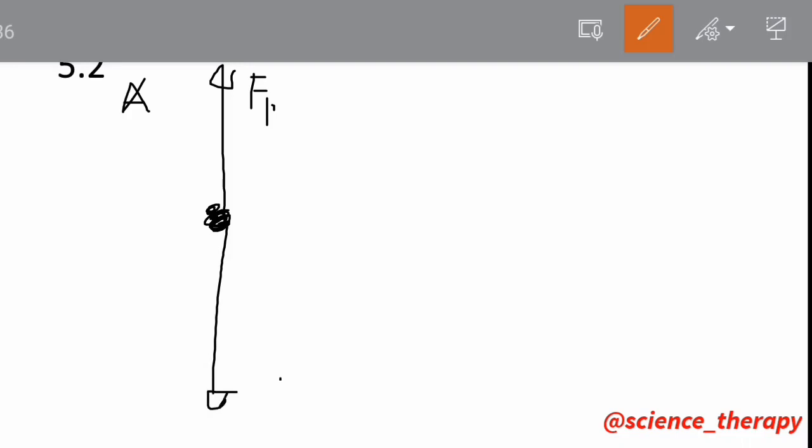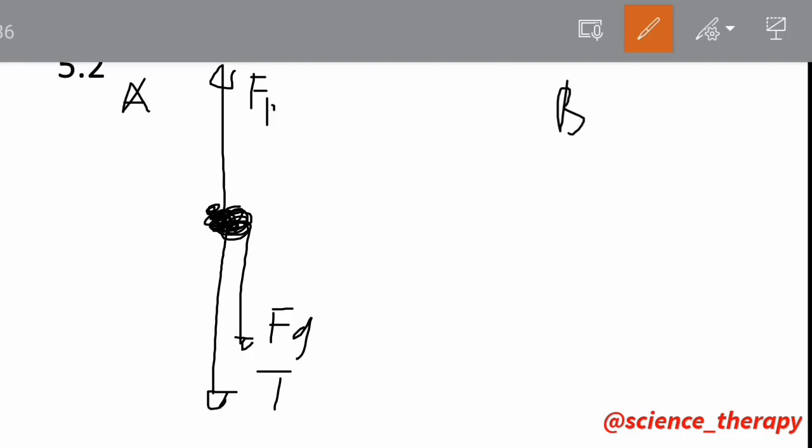For sphere A, what are the forces acting on it? Sphere A is experiencing the force P, which is that applied force, and it is experiencing the tension T downward, but remember also it is experiencing the gravitational force, Fg.